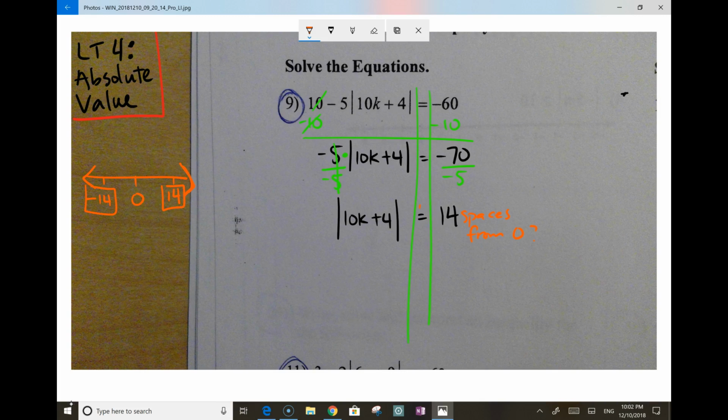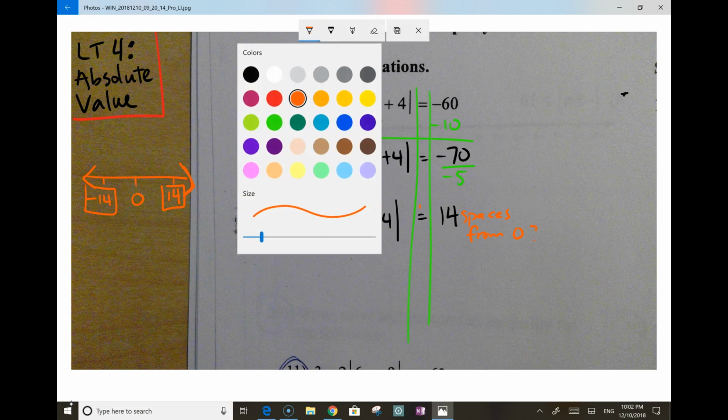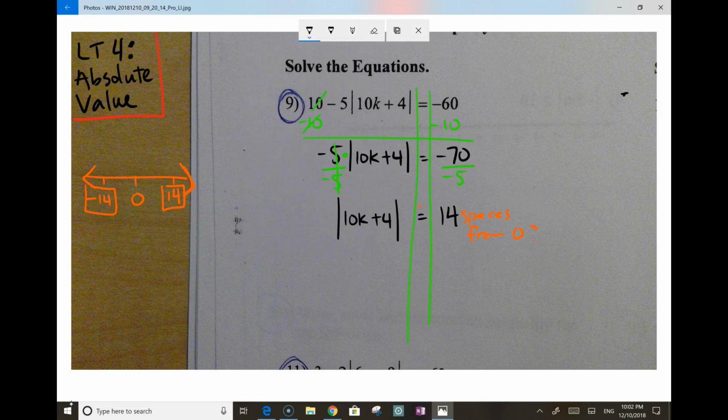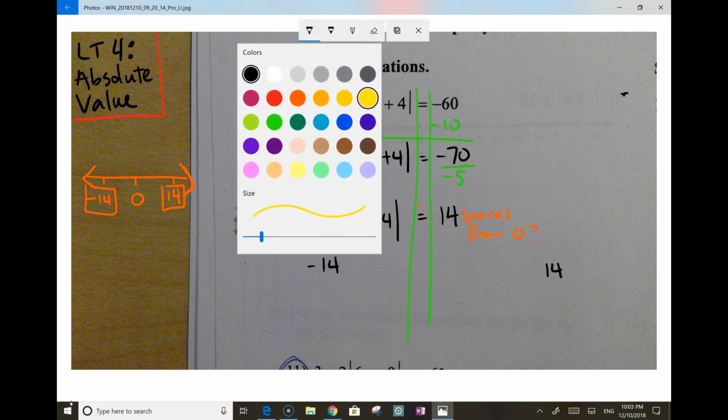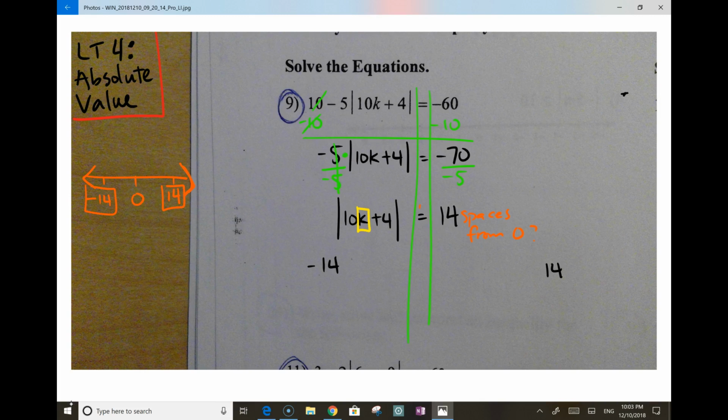I need to write, I'm going to switch back to black over here. So I'm going to write negative 14 and positive 14. Okay, my goal is to figure out what value of k, so what number could I multiply with 10 and then add 4 to make negative 14.